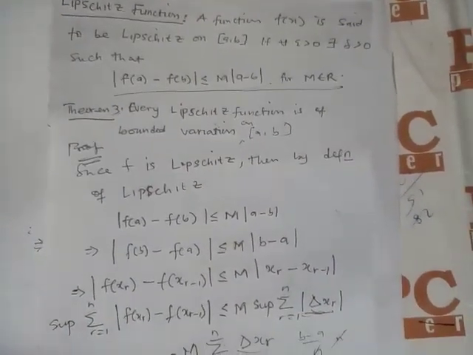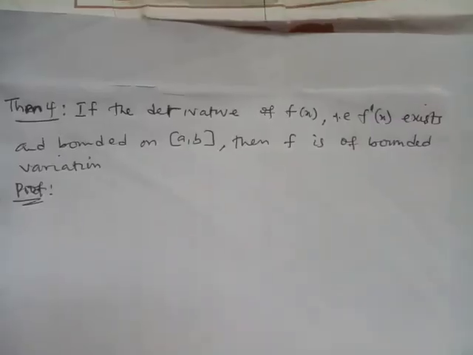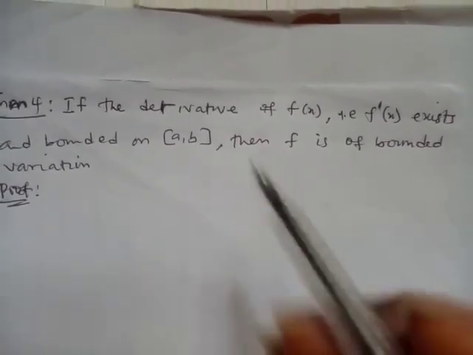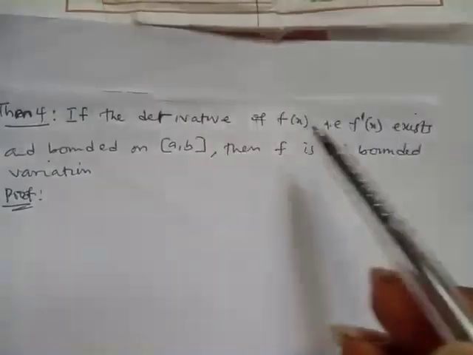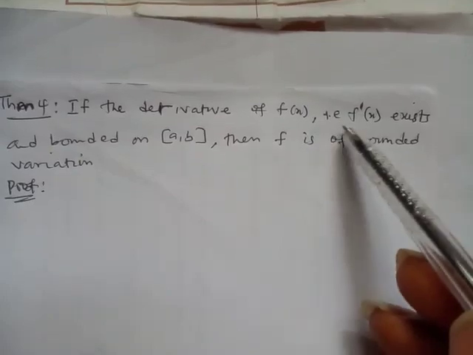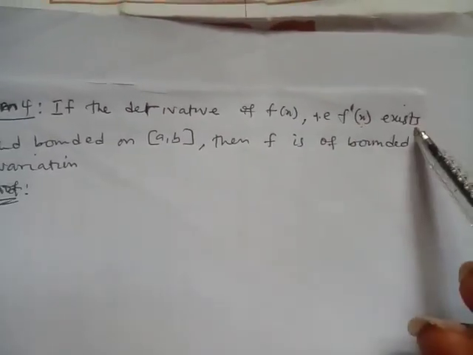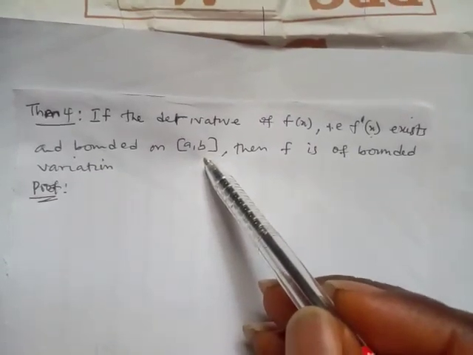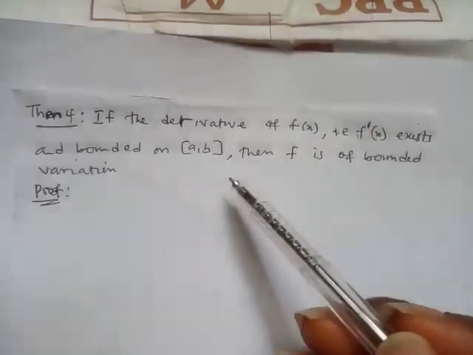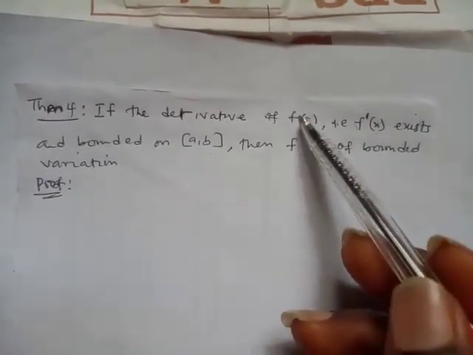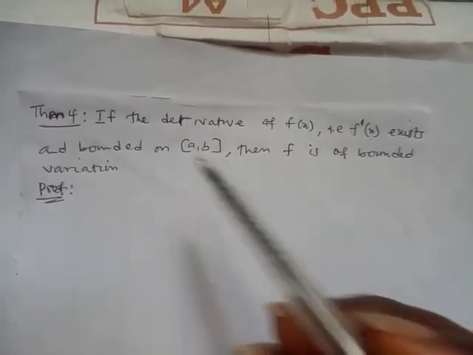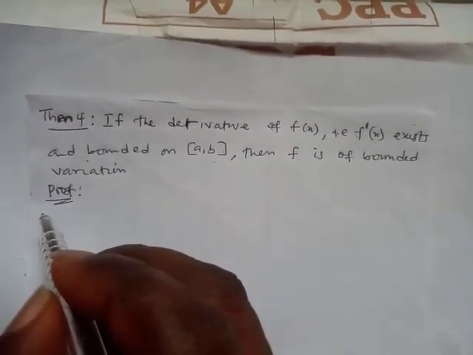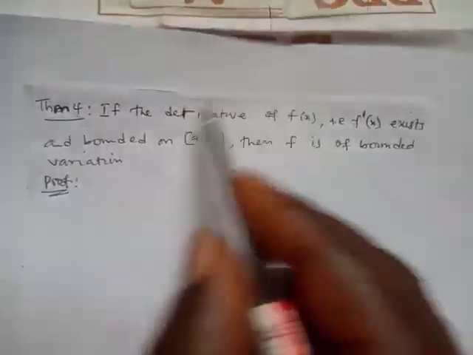Let's consider another theorem. So we have another important theorem here. If the derivative of f(x), that is f prime, exists and is bounded on [a, b], then f is of bounded variation. So we start by this.